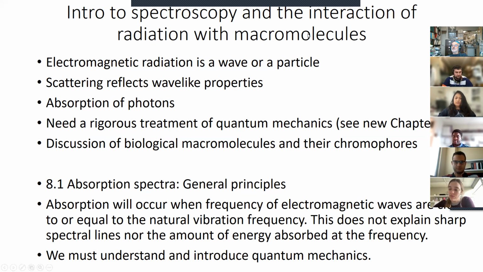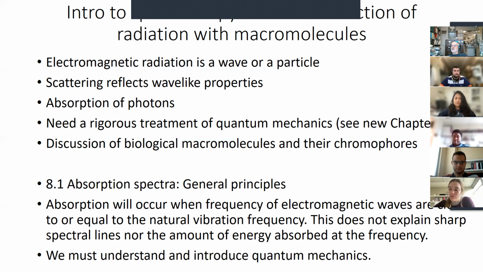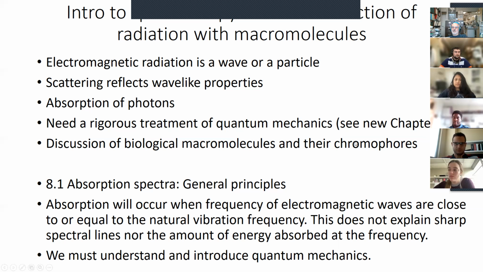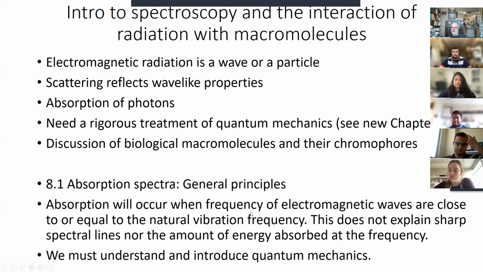All right. So one easy, inaccurate way of thinking about this is that absorption will occur when the frequency of the electromagnetic waves is close to or equal to the natural vibration frequency of whatever the macromolecule or molecule or chromophore is.